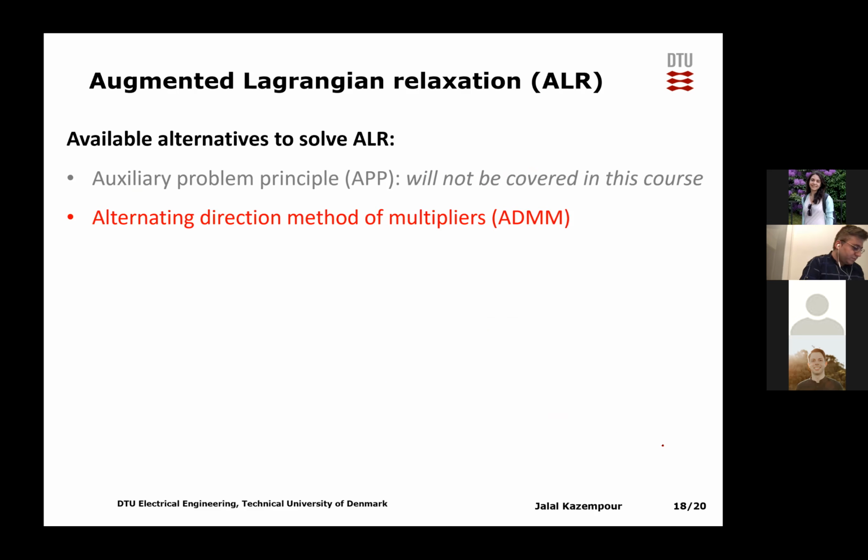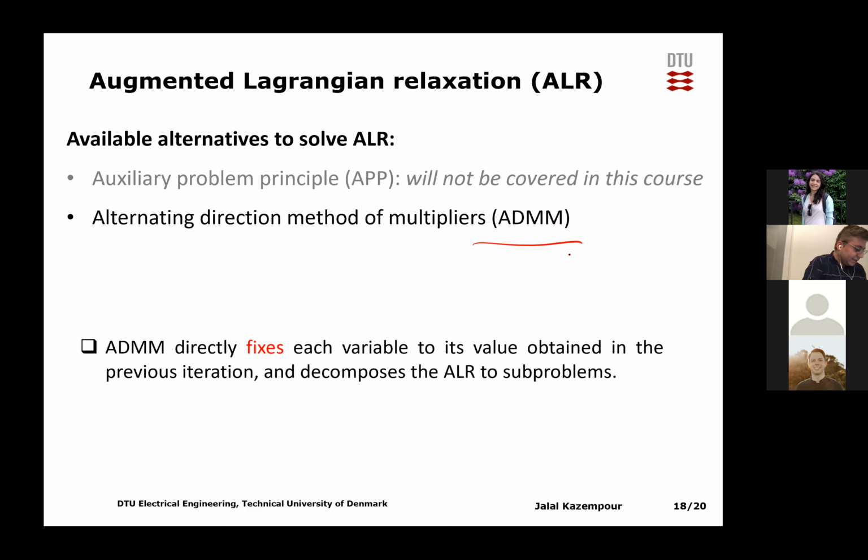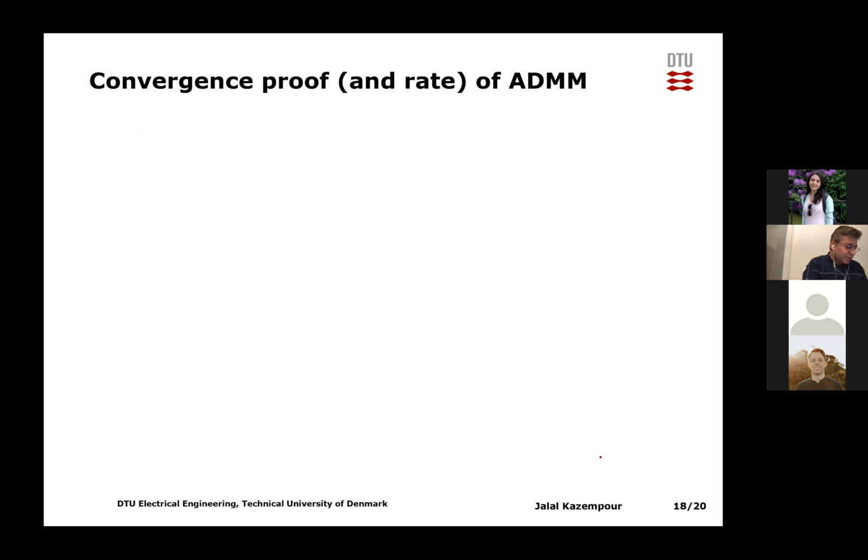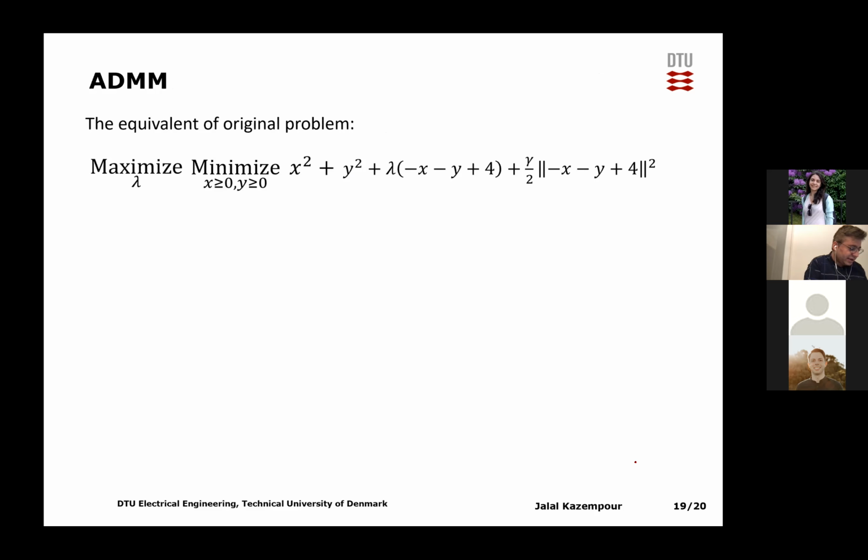So in ADMM, it's a really simple approach. We directly fix each variable to its value obtained from the previous iteration, and we decompose the ALR problem. Before talking about the convergence proof, let me show what we are going to do.